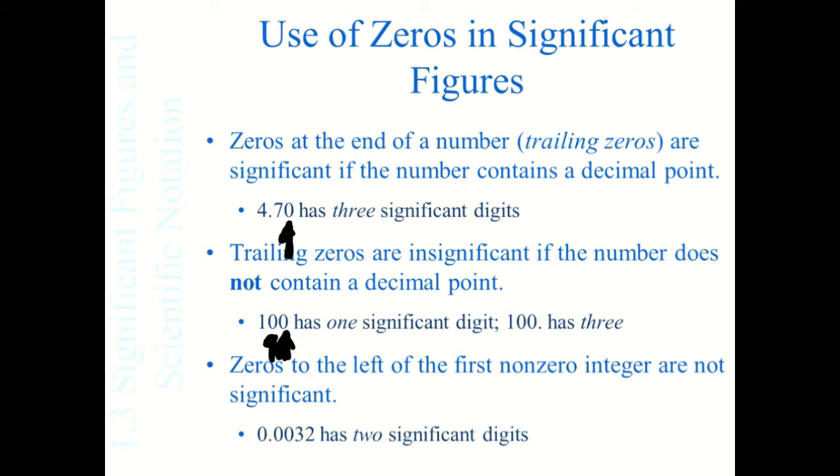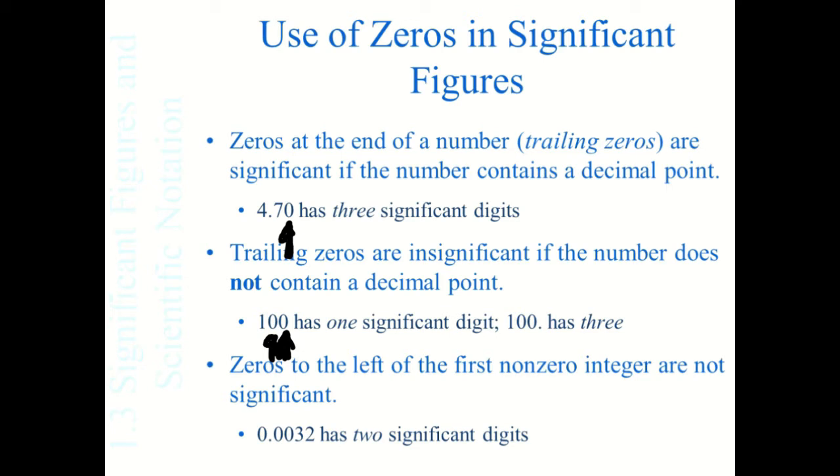You got to start thinking backwards again. Chemistry is about being dyslexic. If it is an important zero, then it's insignificant. If it's an unimportant zero, it's significant.